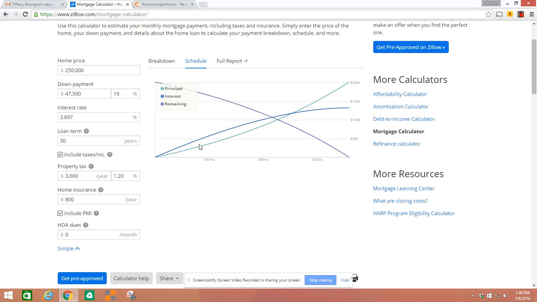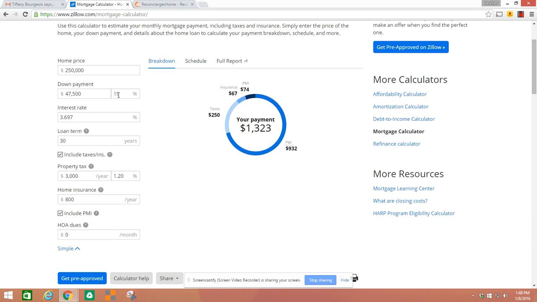Again, we can teach you how to read this amortization schedule and when we think that 20% achievement is going to occur. But just FYI, when you put less than 20% down, especially on this mortgage calculator, you're always going to have a PMI, private mortgage insurance.